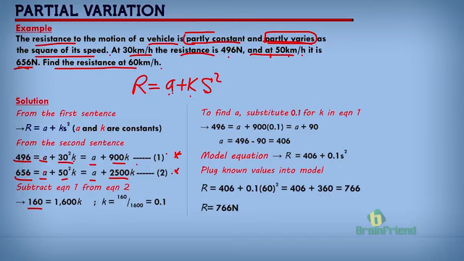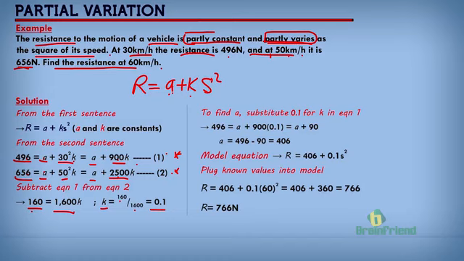A minus A, of course, gives us 0. It cancels out. 2,500 minus 900 will give us 1,600. So 160 is 1,600K. To find our value for K, we simply divide 160 by 1,600 to give us 0.1 as the answer for K.